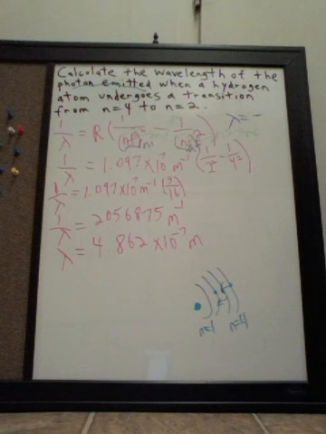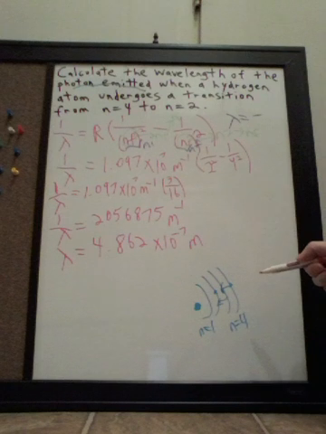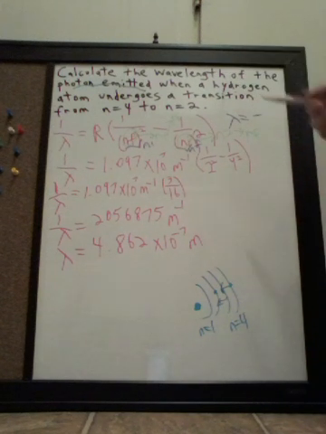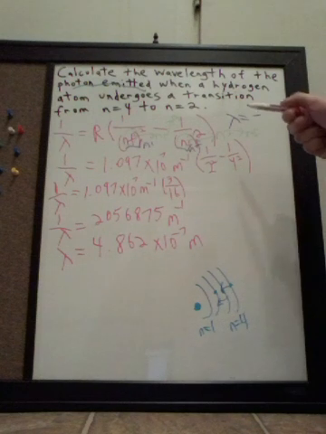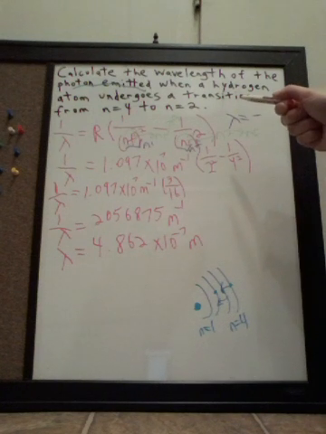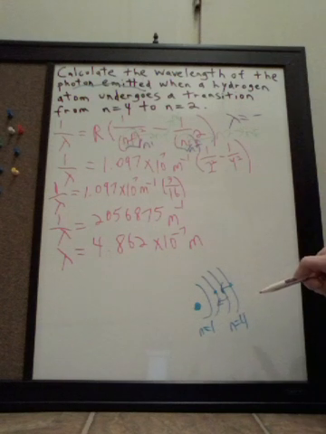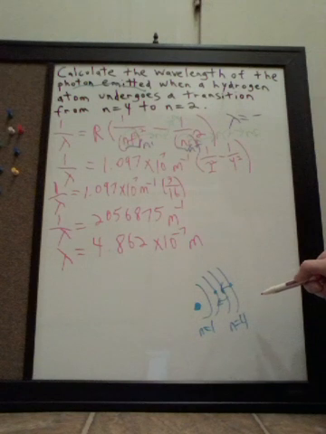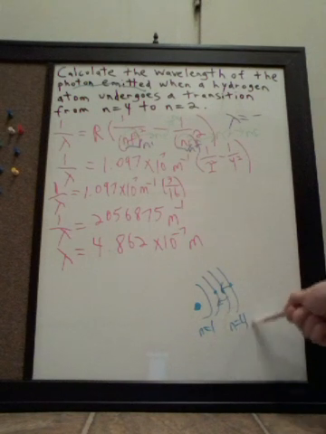because here, when I just showed you the explanation, the diagram, just like the question says, it undergoes a transition from n equals 4. So when they say from n equals 4, that is an initial.